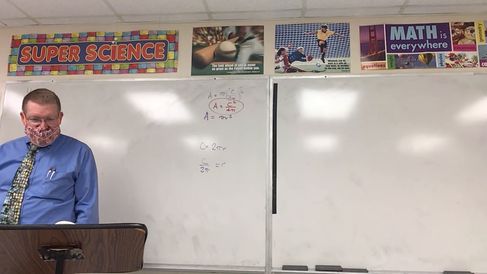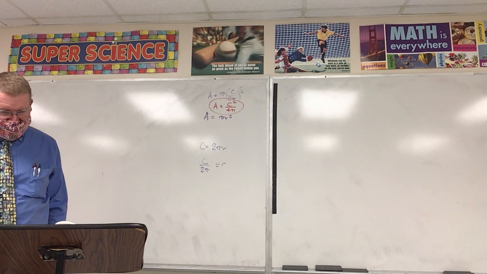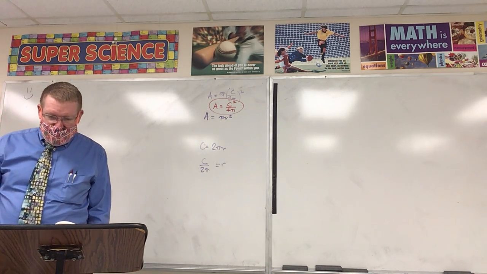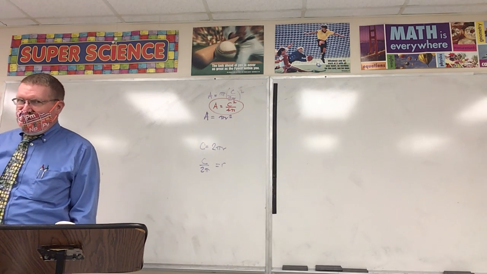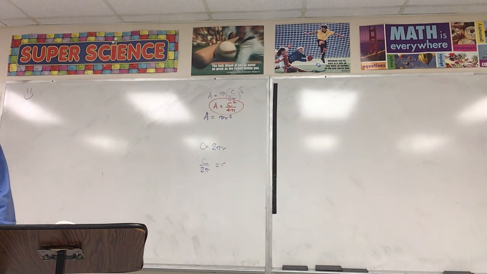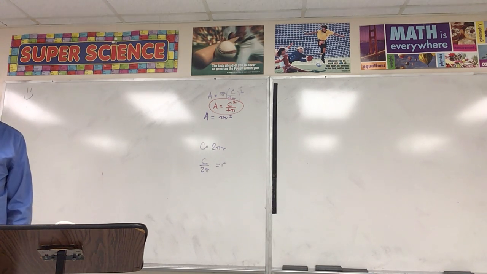Next thing they asked: find the instantaneous rate of change of the area with respect to circumference. Well, if they want the instantaneous rate of change, they're asking us for what? Slope. Right? Well, yes, but the derivative.